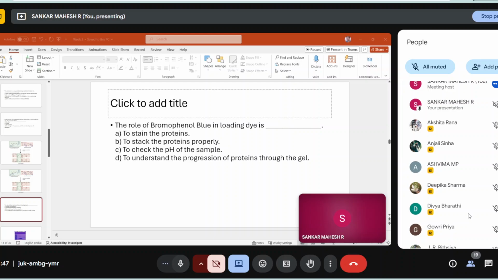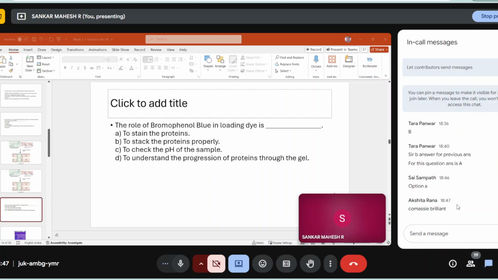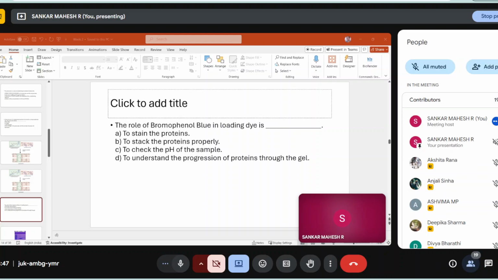Who was that? Akshita. Okay, Akshita, what did you want to mention? You can unmute and talk because that way it's easier to know what you're thinking rather than typing in the chat window.